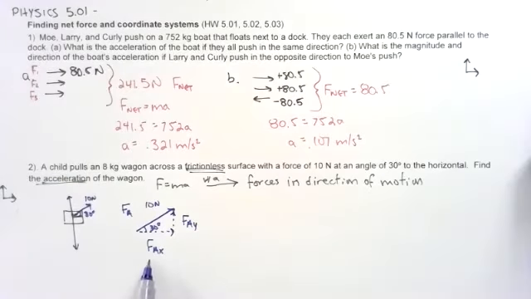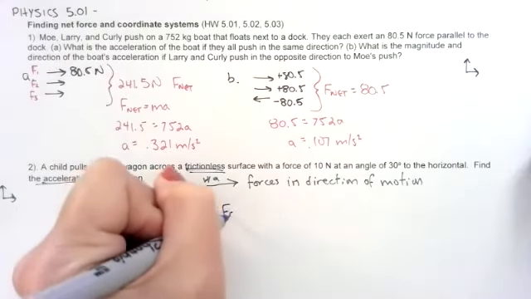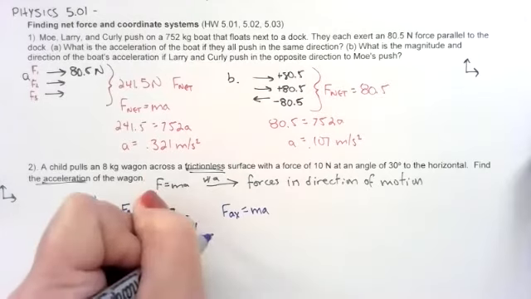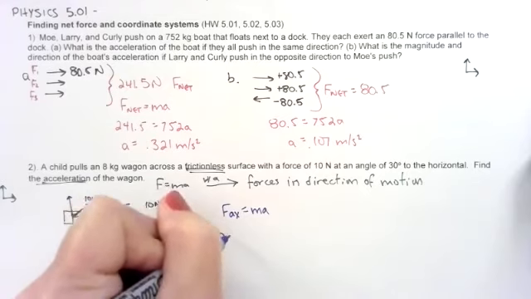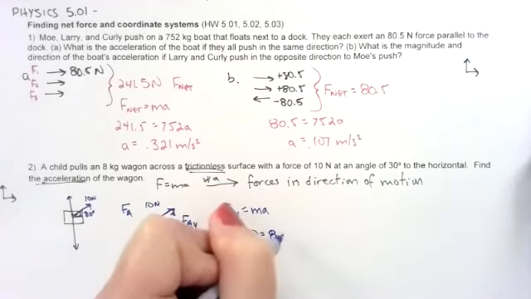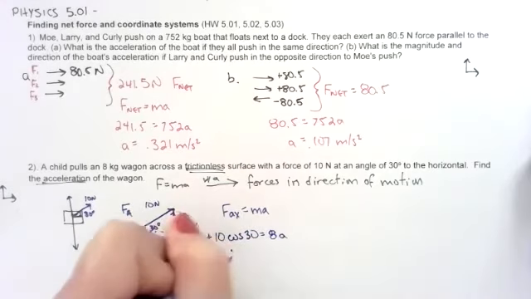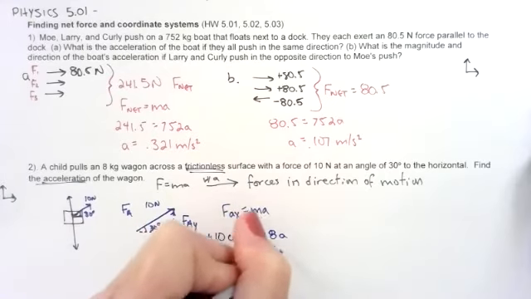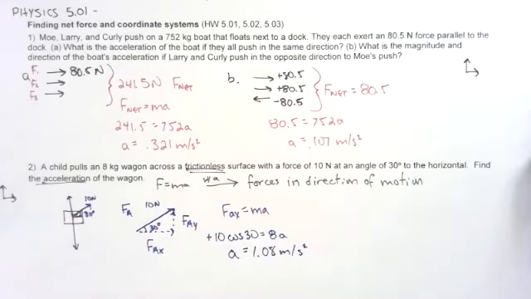Only FAX contributes to motion. I'm not moving vertically at all. I'm only moving horizontally. So in this case, I have FAX equals mass times acceleration. Well, I know FAX is going to be 10 cosine 30. That's going to be positive. That's going to be equal to 8 times acceleration. When I solve, it's going to give me an acceleration of 1.08 meters per second squared.